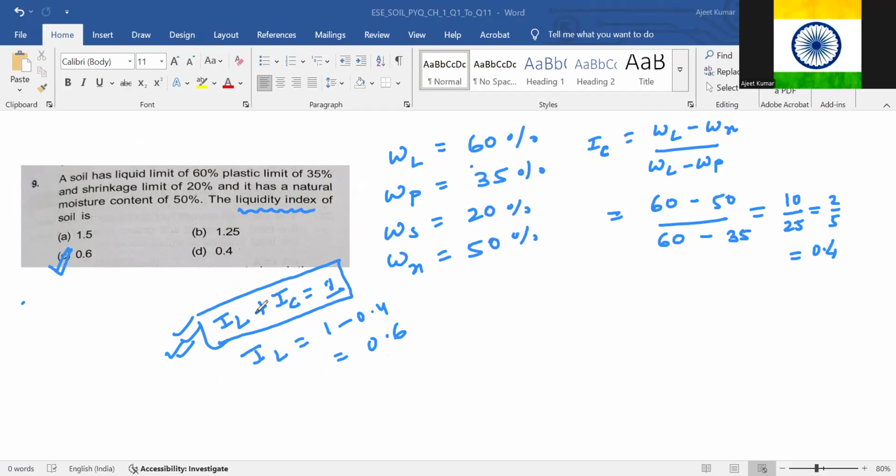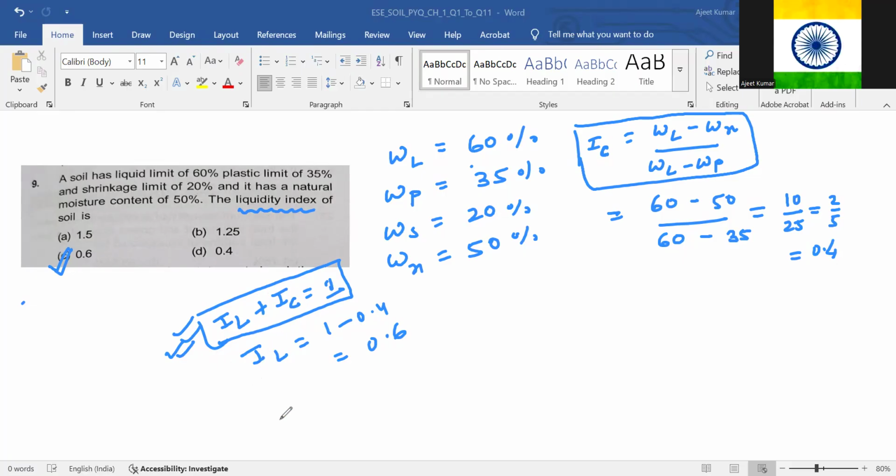There may be confusion in the exam. Remember, consistency index is this one, and if you add consistency index and liquidity index, you will get 1. So the answer will be 0.6. I am very, very sorry for the mistake. I have corrected this.